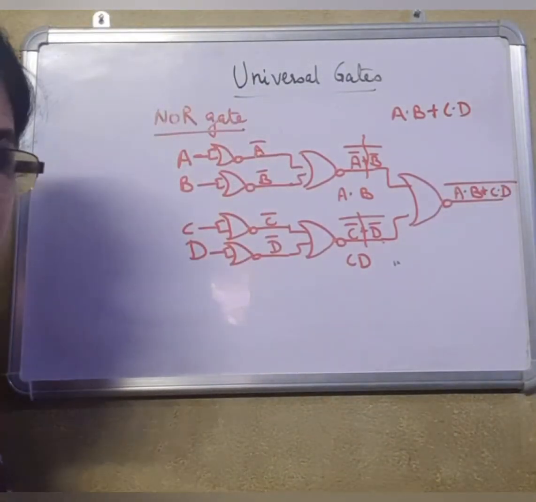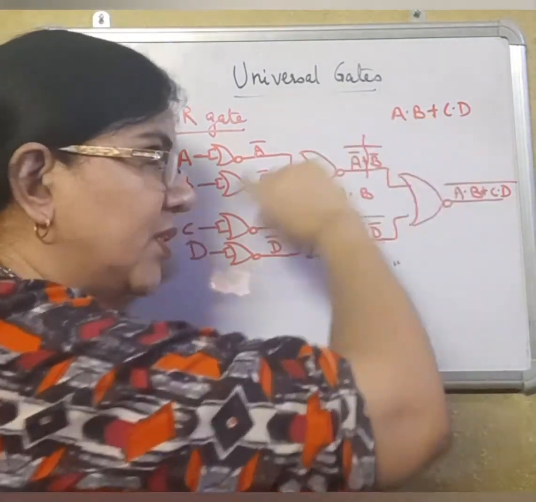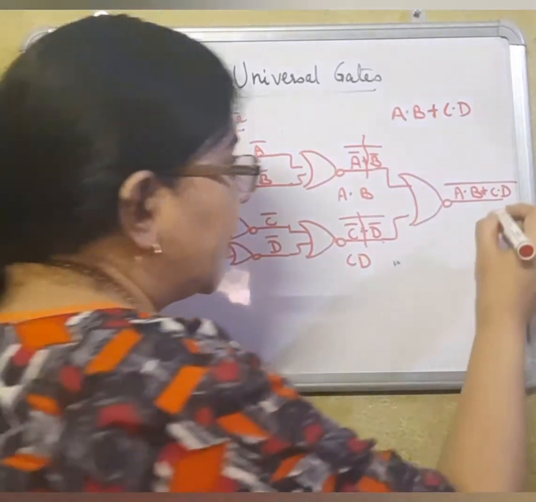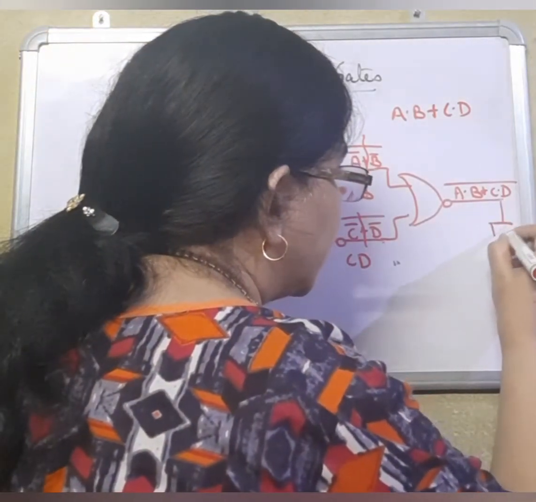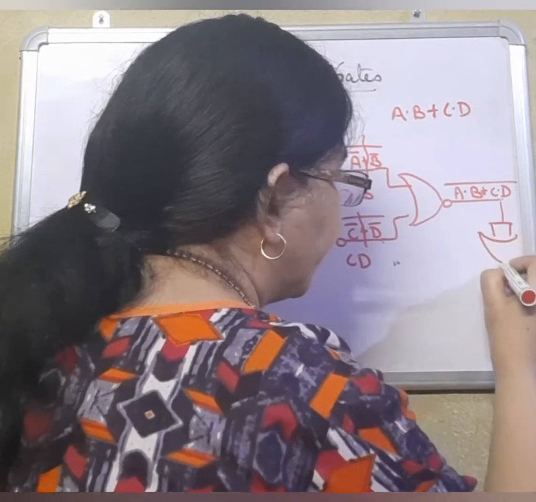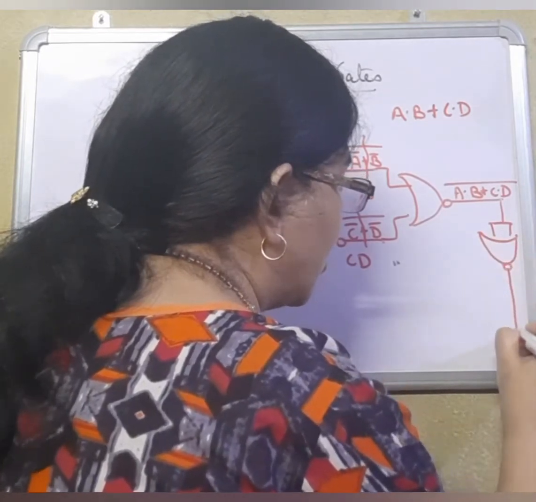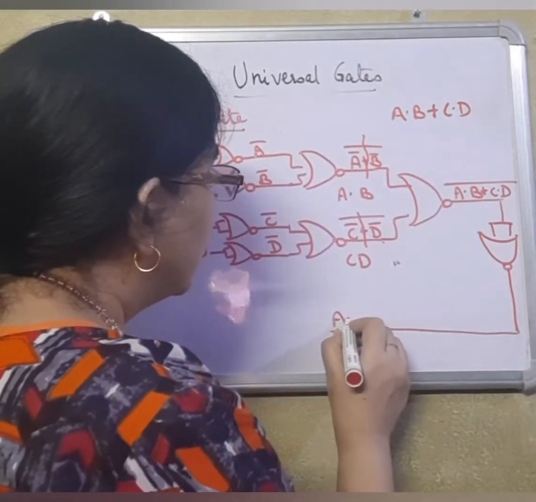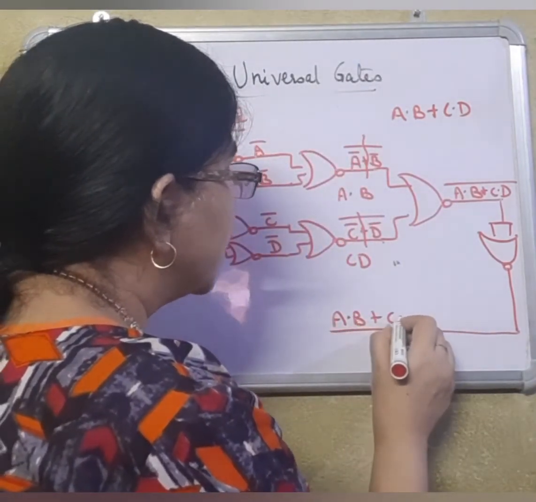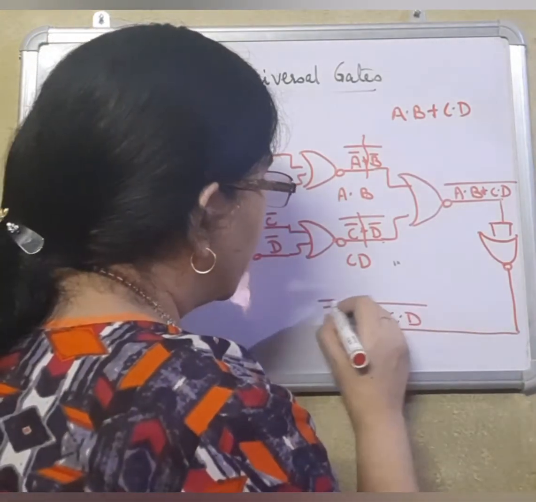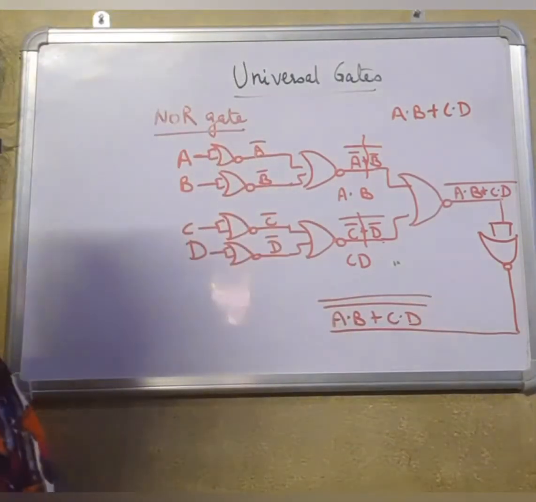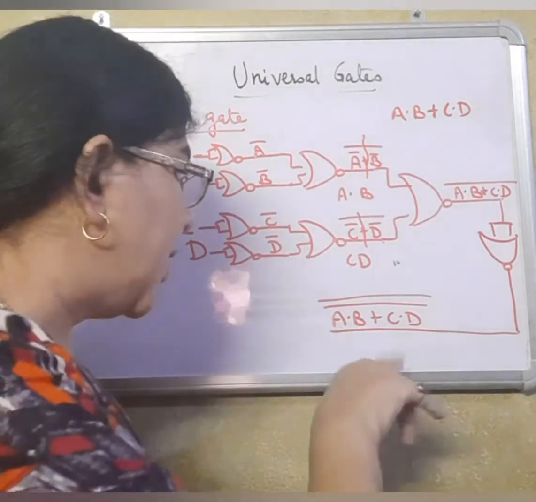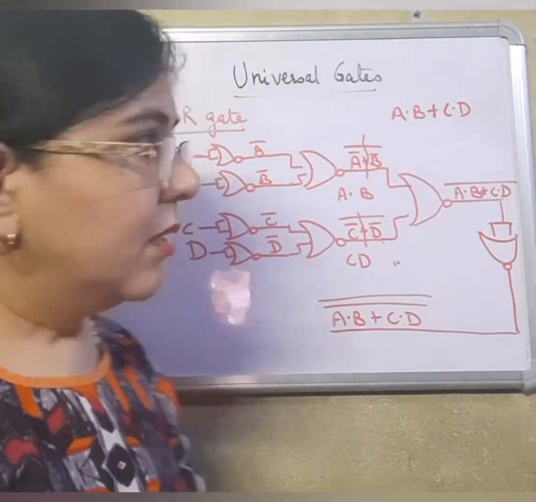I do not require this whole bar. My question is this thing. And my answer is coming out with a bar. So we will make an extra NOR gate in order to give a double bar to cancel it by involution law. A dot B plus C dot D, double bar. Double bar by involution law will become cancelled and we will get A dot B plus C dot D.